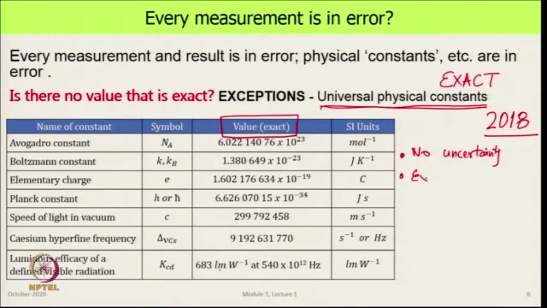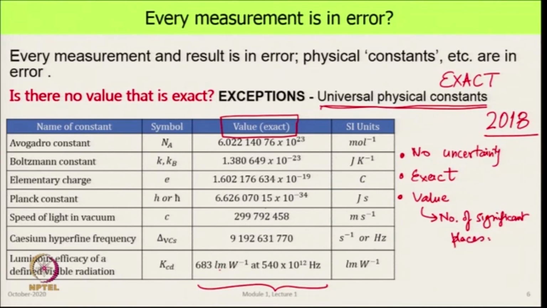So, they are exact, and their exact value is given, and what you have to note from this column here is the number of significant places. So, what it tells you is that this is the exact value, the next digit, in this case say the decimal and something after that, there is no doubt that all of that is 0. This is the exact value and to this many decimal places.